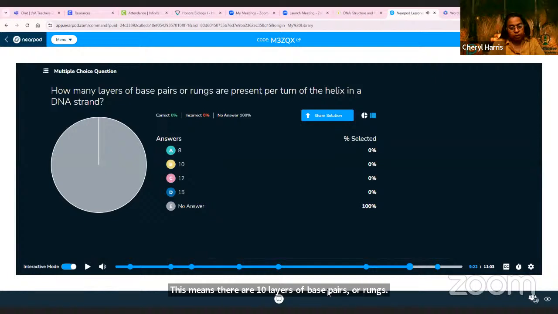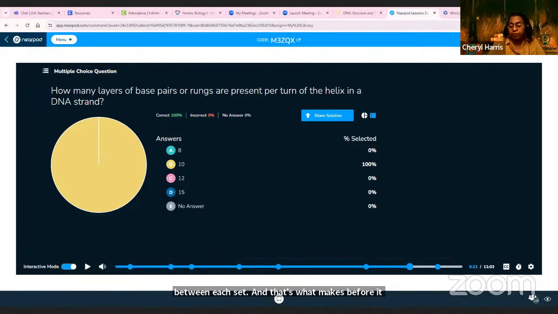And she just gave you the answer. All right, good job. Yes, there's 10 between each set, and before it starts to twist again, you have 10 units.